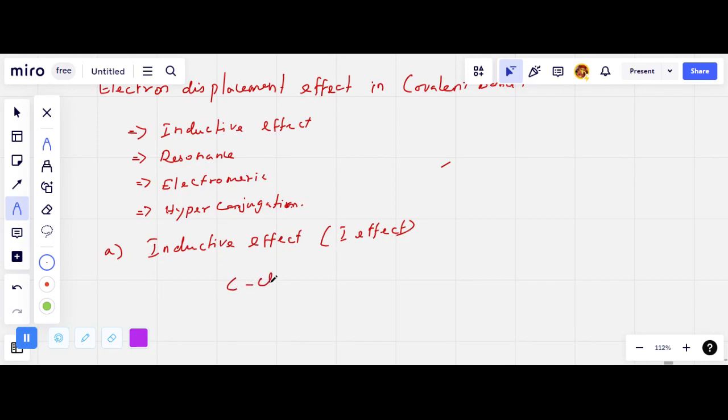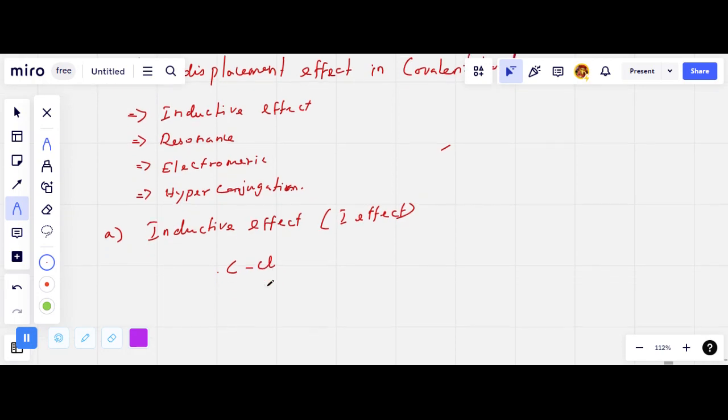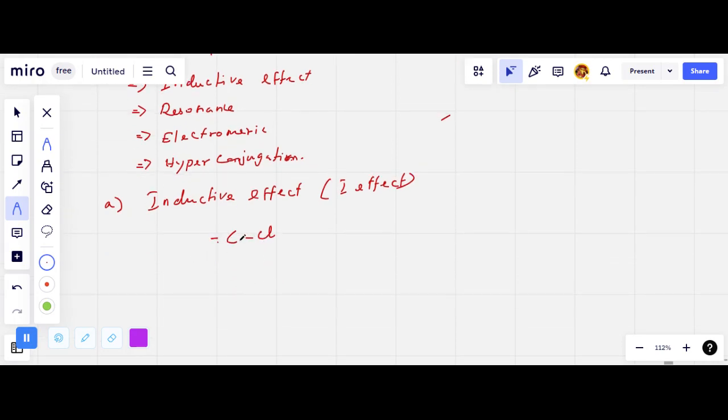The chlorine is more electronegative than carbon, so it pulls the electron from the carbon towards itself, because it is highly electronegative in nature.